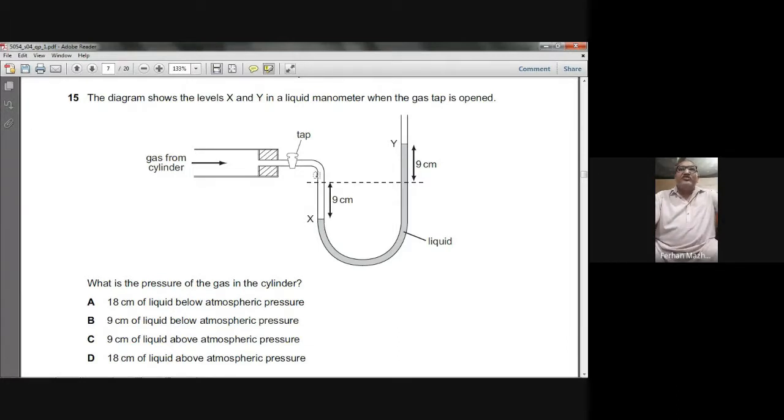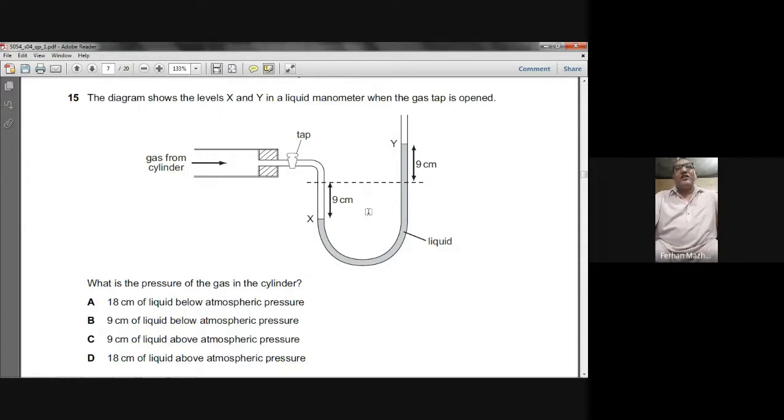The limb which is on the side of the gas cylinder is lower, and the limb which is on the atmospheric side is higher. The level of the mercury is higher. So what's the difference between the levels? The total difference between the levels in both the limbs is 18 centimeter.